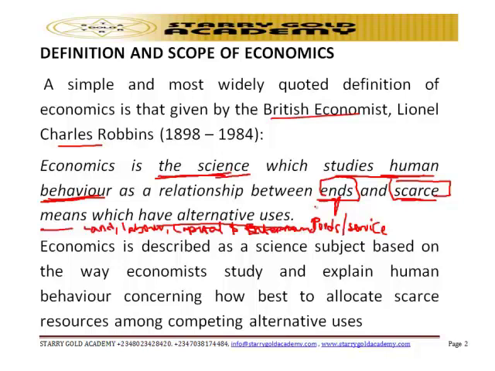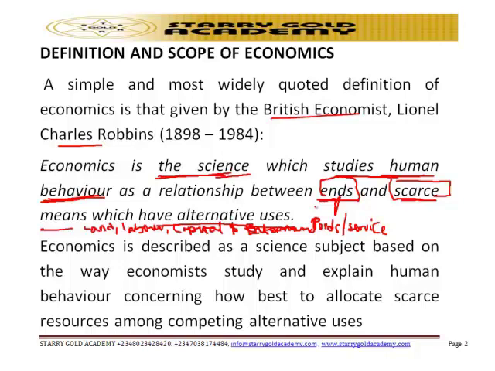So the definition of Professor Lionel C. Robbins is very imperative, and that is why it was generally acceptable. Like I said, it's a science which studies human behavior as a relationship between ends and scarce means which have alternative uses.